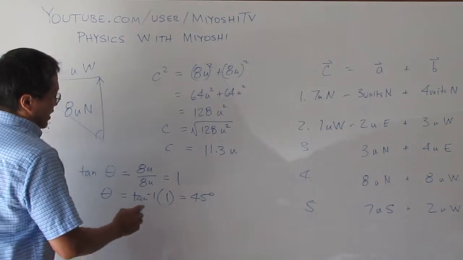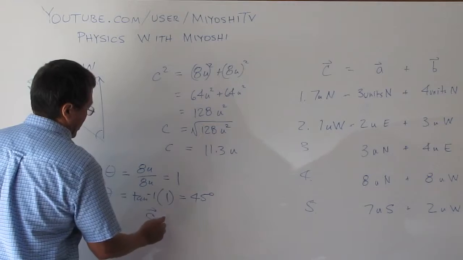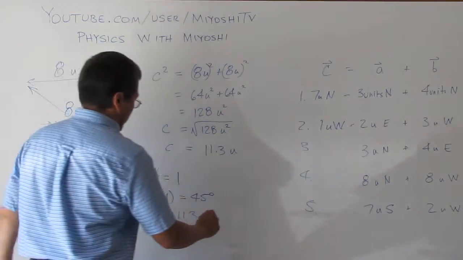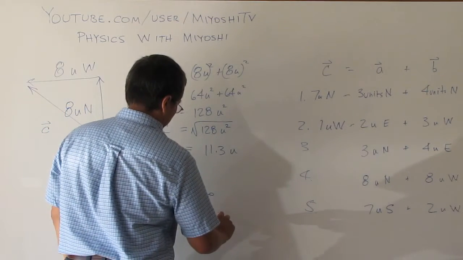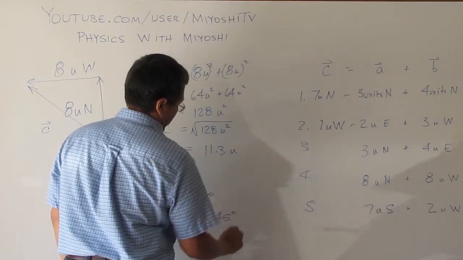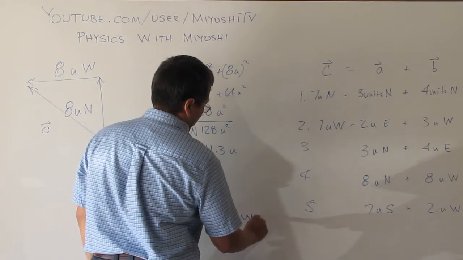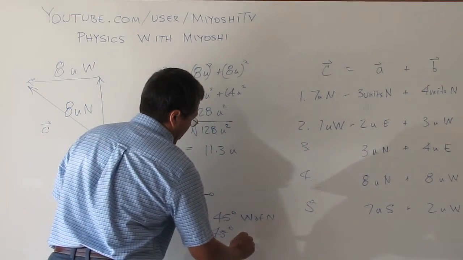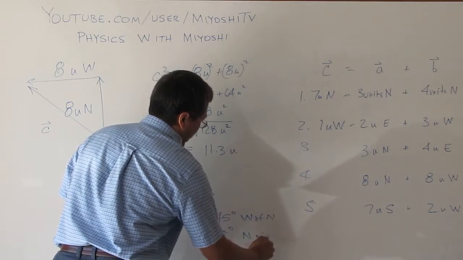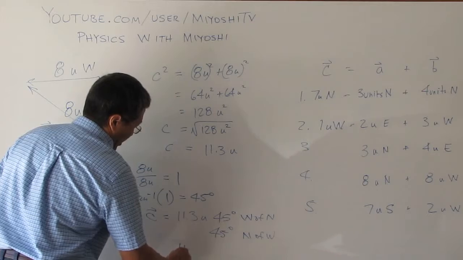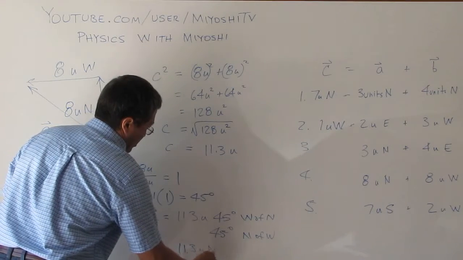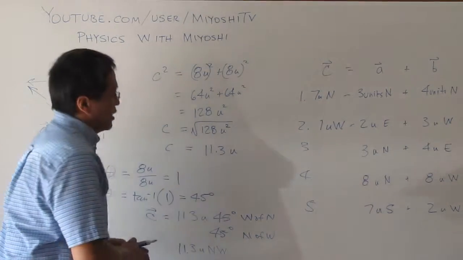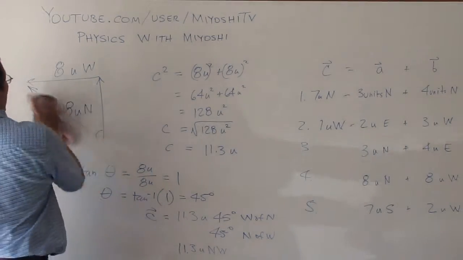So our resultant vector, C, is 11.3 units at an angle of 45 degrees west of north, which is also 45 degrees north of west, which is also just 11.3 units northwest. Okay?